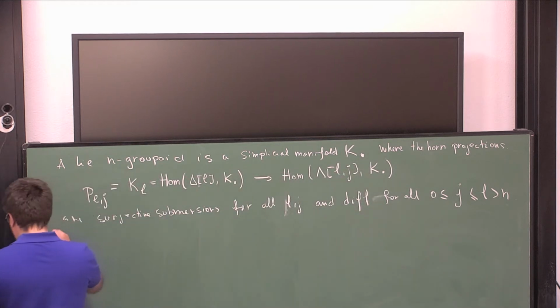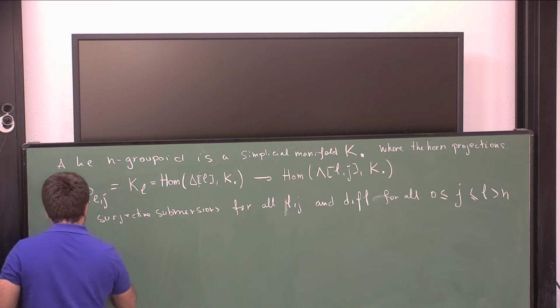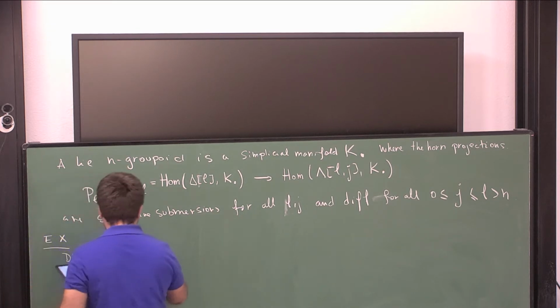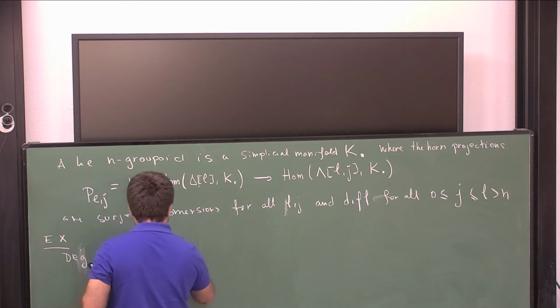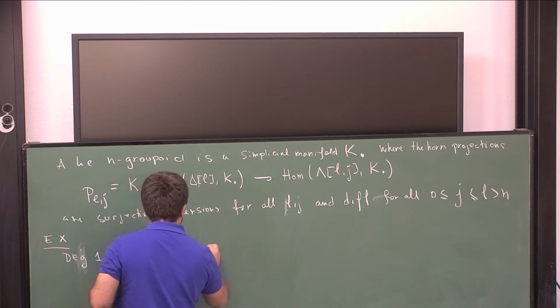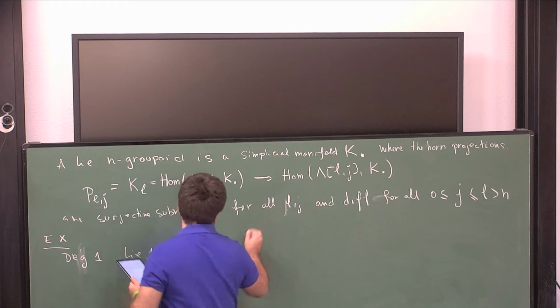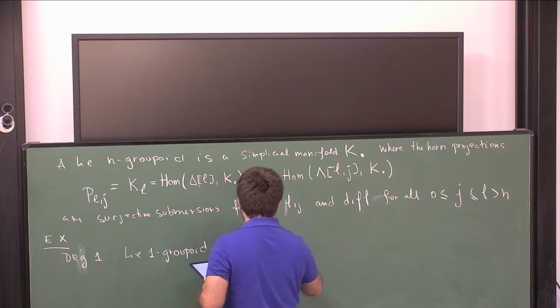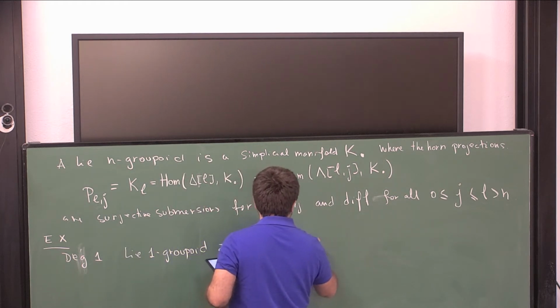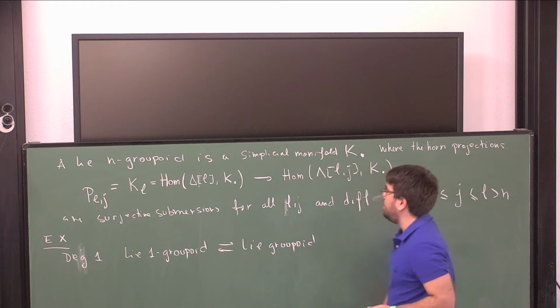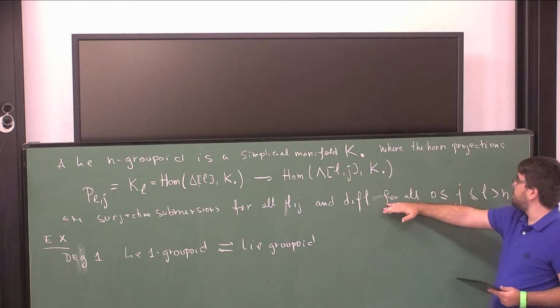an example. In degree 1, I have that a Lie 1-groupoid is exactly the same as a usual Lie groupoid. Why is that? Because of this diffeo.